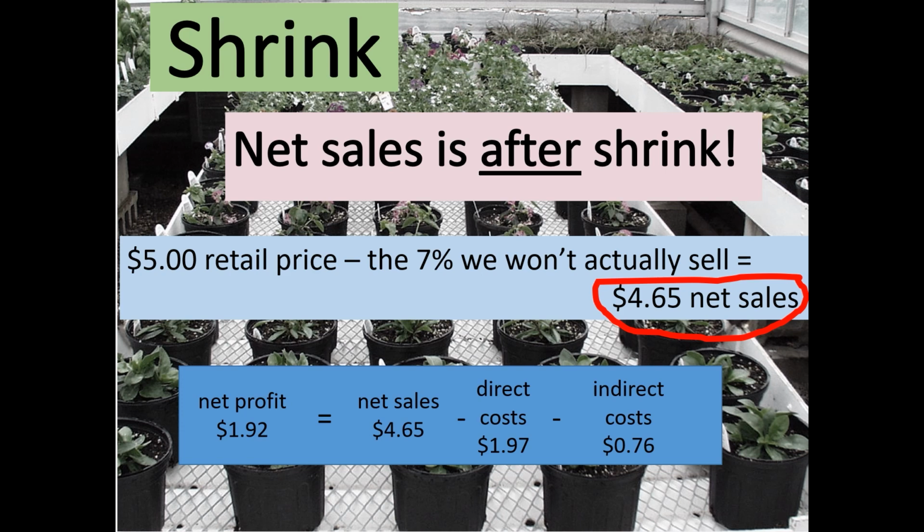So how do we anticipate shrink numbers? If we're doing this ahead of time, before we even grow the crop, so we can get a sense of profitability and price, we can anticipate shrink, one, by simply aiming for that 5%.